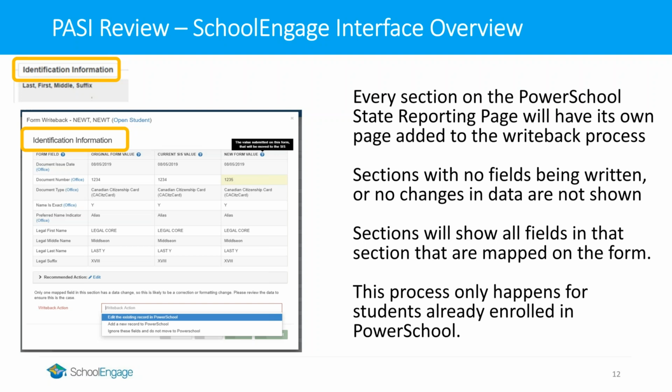Additionally, we scan all of the data coming in and compare it to what's in PowerSchool. If an entire section, let's say the preferred phone section, has no fields that were changed, we're not going to be touching that section anyway, so we don't need the admin assistant to take that extra step.